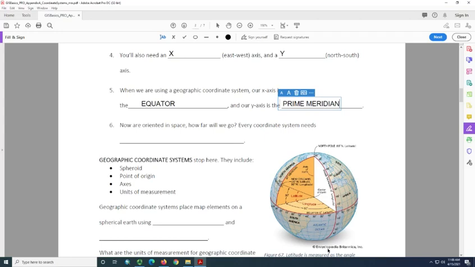So when they set up a system for measuring things, they just set the north-south y-axis right through England. So there we go. So now you're completely oriented in space, but there's one more piece we talked about, that third piece from up above, and that is you need units of measurement. Okay.